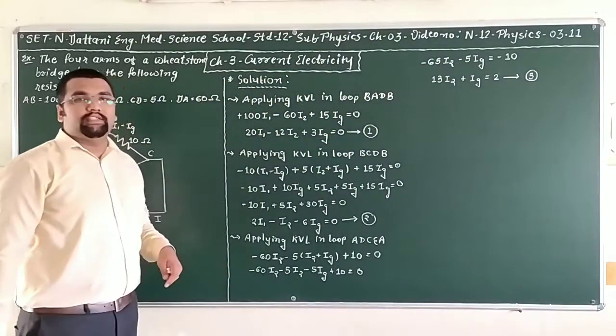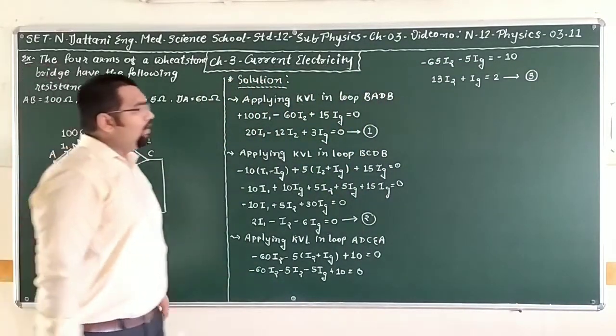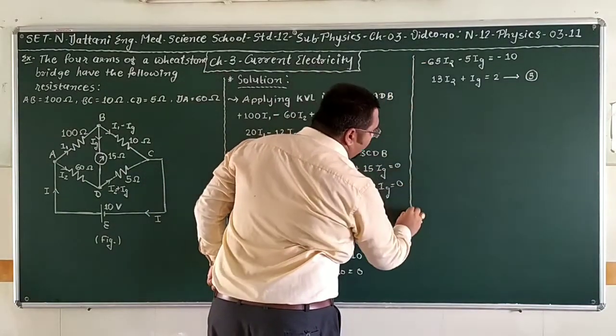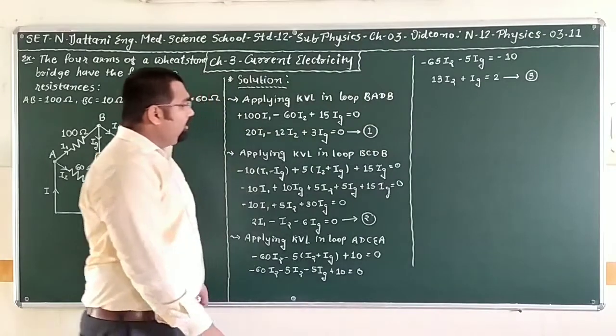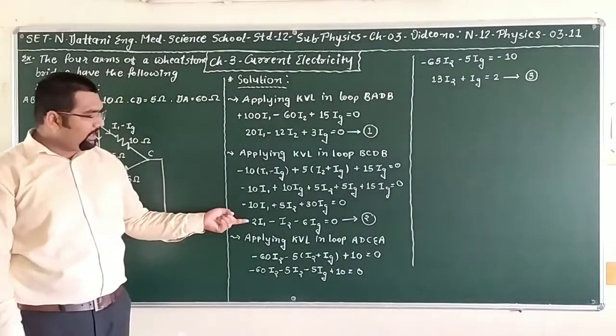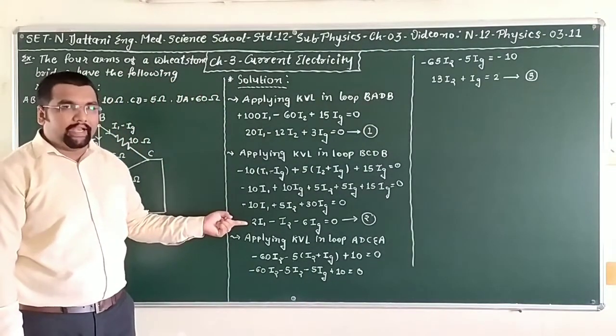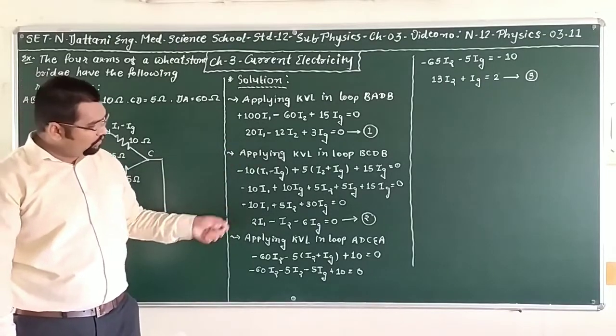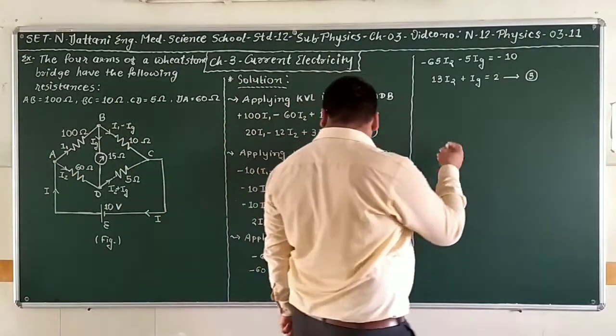So we have got 3 equations. Now we will multiply the equation number 2 by 10, so the I1 will be eliminated. So let us do that.